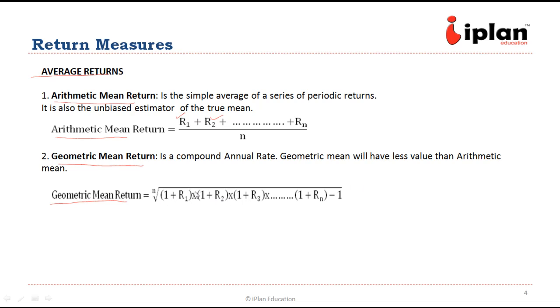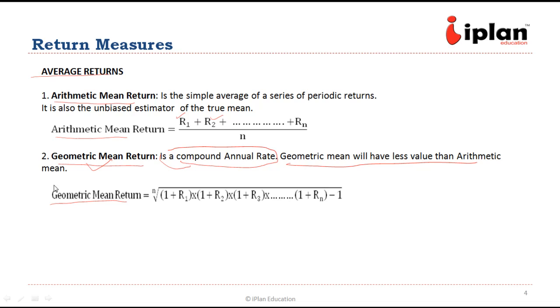We have to subtract 1 here. Generally, the geometric mean is preferred because it is based on compound annual rate. The value of geometric mean is always less than arithmetic mean.